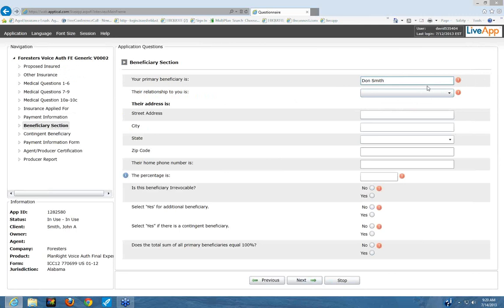But you'll have to call new business and let them know that there are more people to be listed, and they'll ask you either for an email or a statement or what have you. The other thing you can do to avoid all of this, because you'll spend a half hour just getting their names and everything, is say, well, Mr. Smith, I can go from 1 to 3 on the primary, but once the policy takes effect, you can call customer service and change the beneficiary and add your 5 people at 20% each.